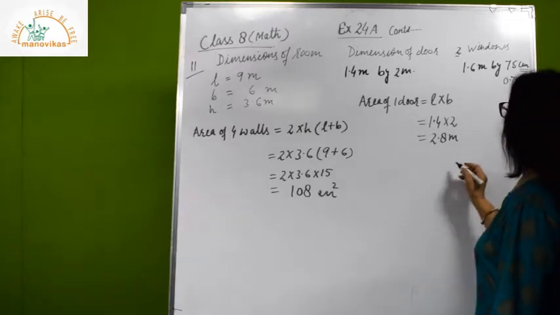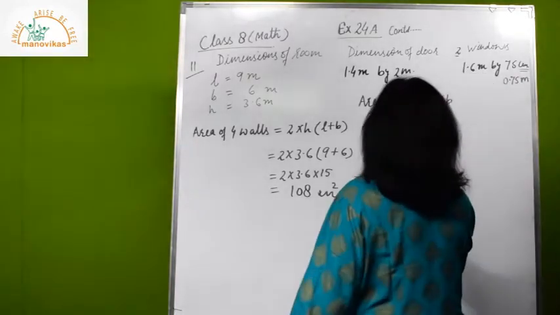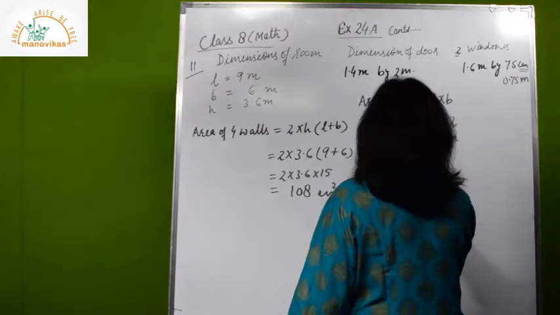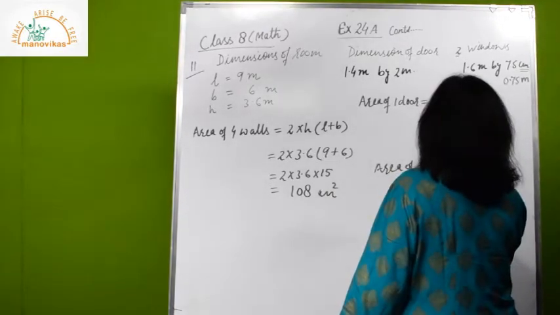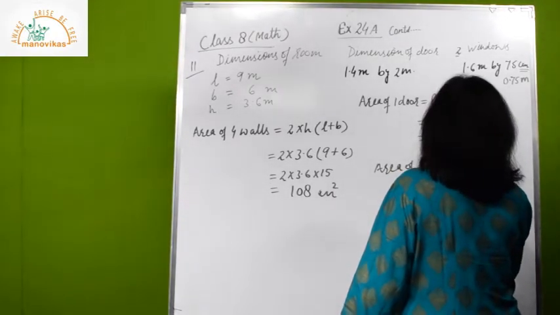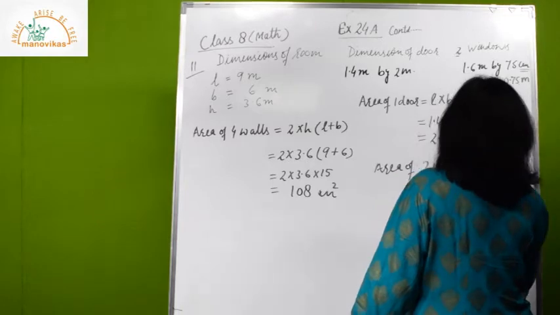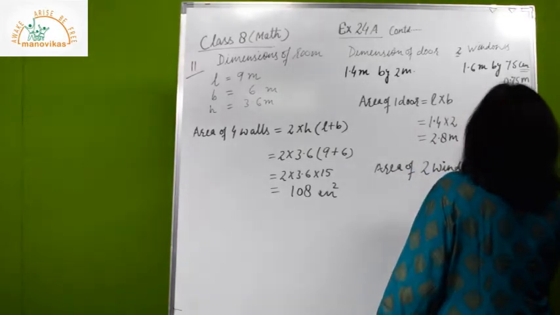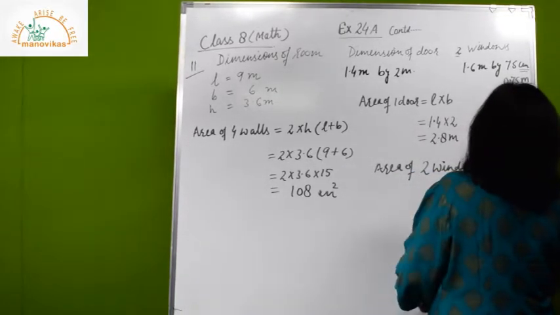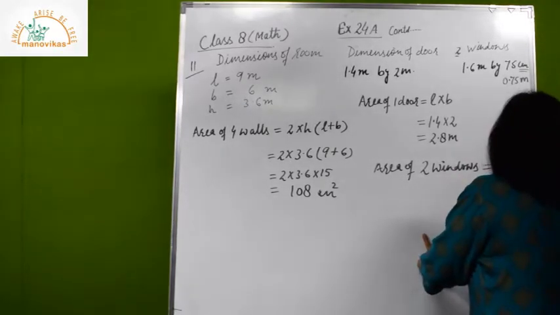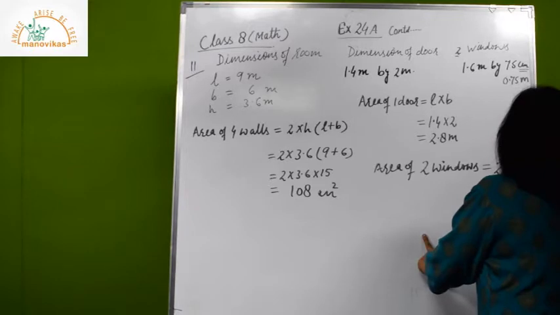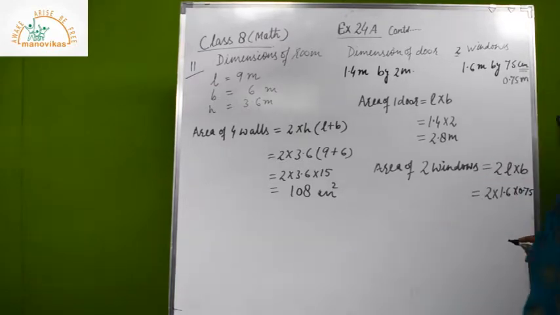So here I am finding the area of two windows. You can directly write 2 times L into B because there are two windows. Now put the values. 2 into 1.6 into 0.75.